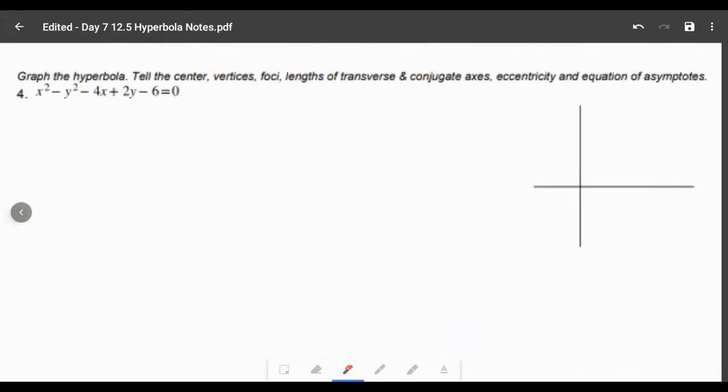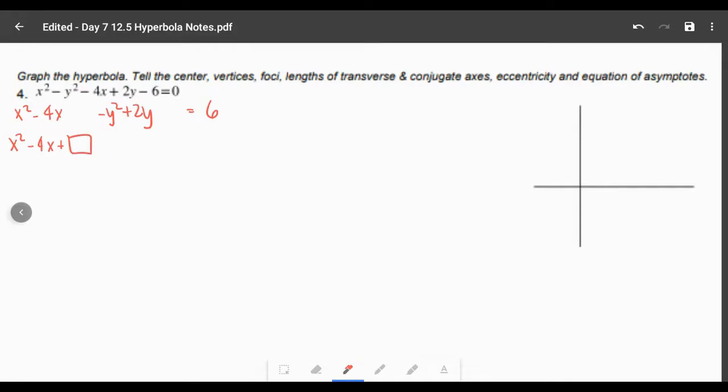Moving on to the final problem, this one is going to require for us to complete the square. We know from previous lessons that we need to group the x's together, group the y's together, and move the constant to the other side of the equation. We know that we have to add something to the x group to make it factor nicely.